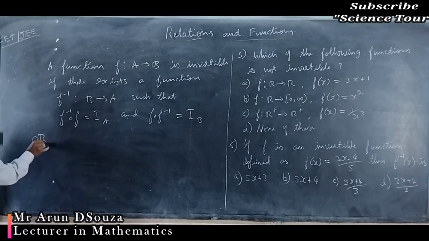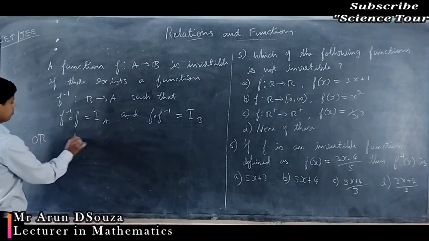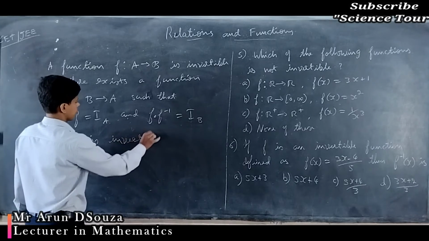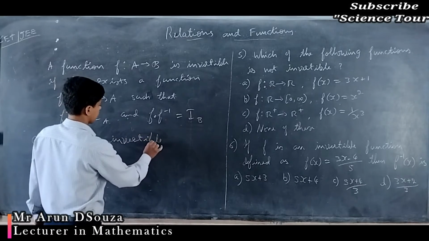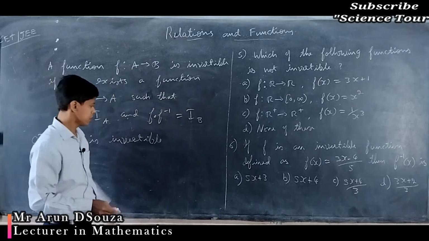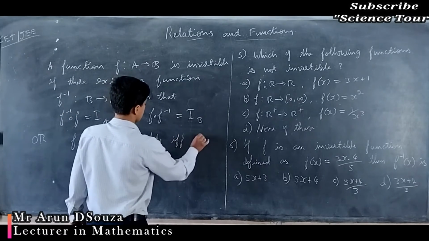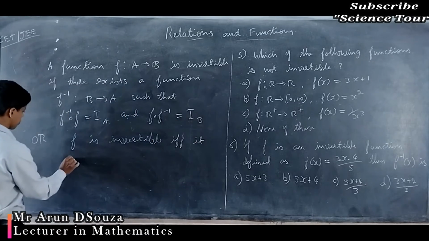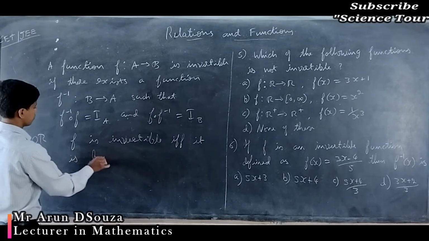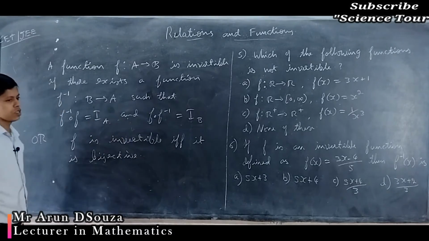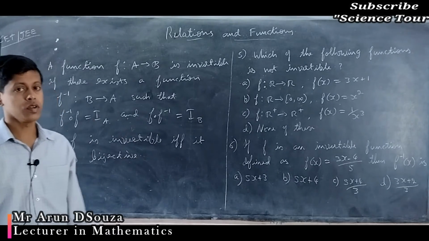Or there is another definition: f from A to B is invertible if and only if it is bijective. Alright, so these are the two definitions that we have to remember.